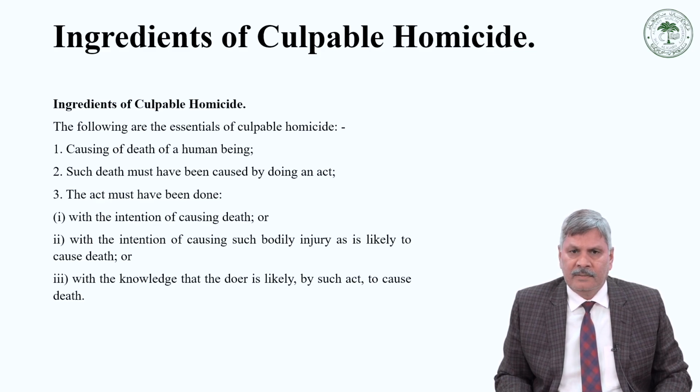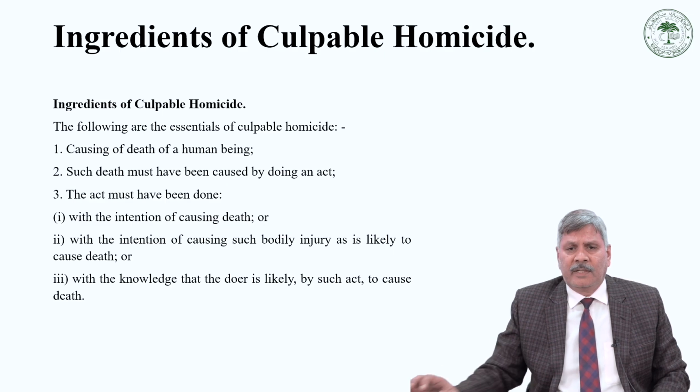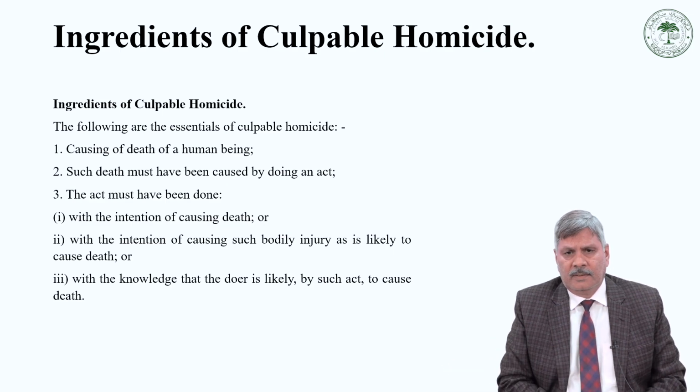The act must have been done with the intention of causing death, or with the intention of causing such bodily injury as is likely to cause death, or with the knowledge that the doer is likely by such act to cause death. Then, provided whoever causes death, the death may be caused by any person.